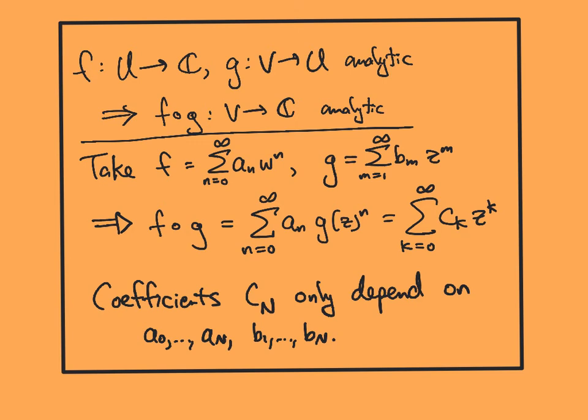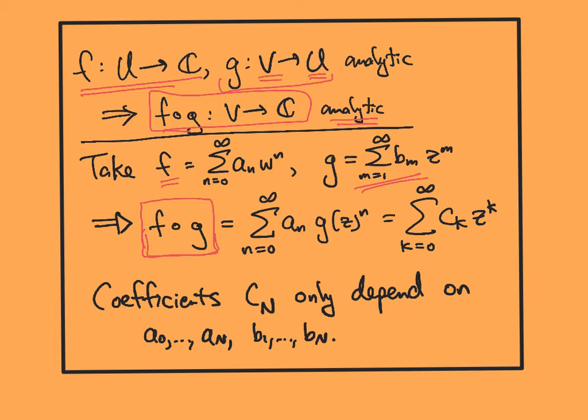So as we already know, if we have an analytic function on U and an analytic function G that maps from V to U, then the composition is analytic. So what does this say about power series? Well, if you normalize things so that G maps 0 to 0 and F is a power series centered at 0, then we can figure out the coefficients of the composition, which has to be analytic.